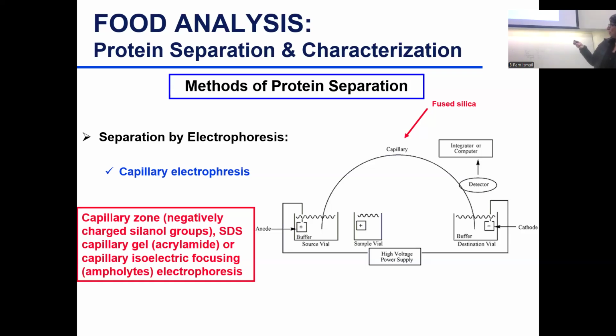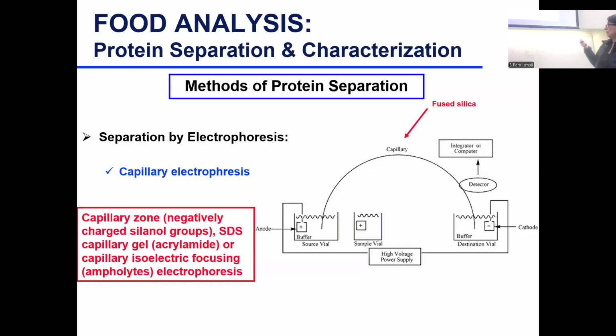So you would have a column here, you separate the protein and you run a voltage. So let's say you have SDS-PAGE in there, they would separate based on size. They're all negatively charged or positively charged? Well, in SDS, they're negatively charged. So they will be moving from negative to positive. And then if you have silanol groups in the capillary tube, they will interact via ionic interaction.